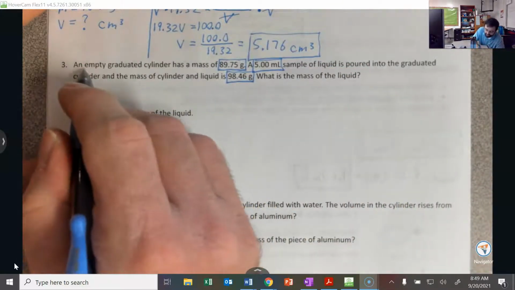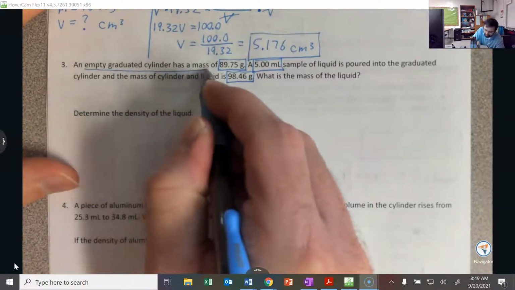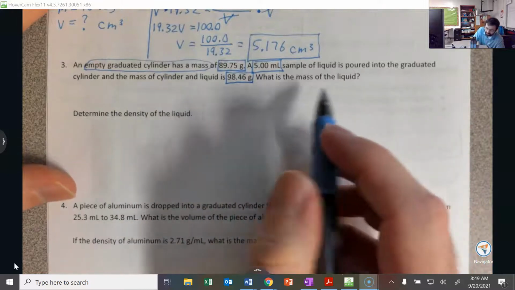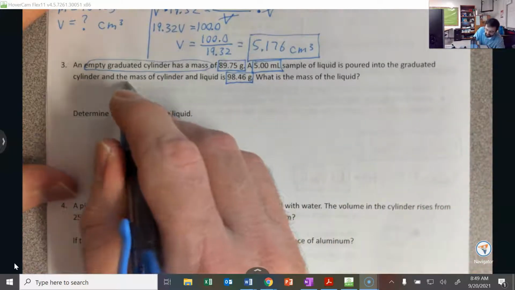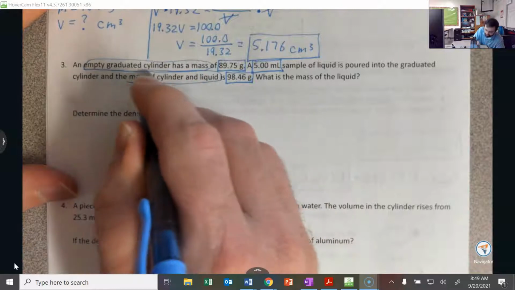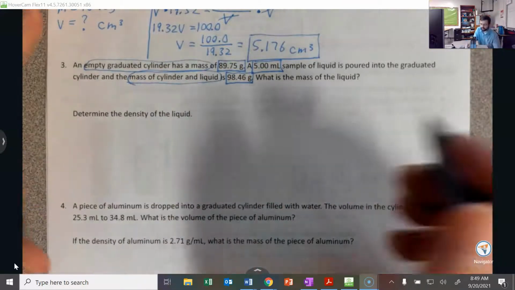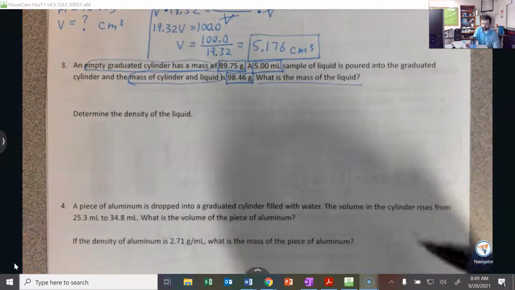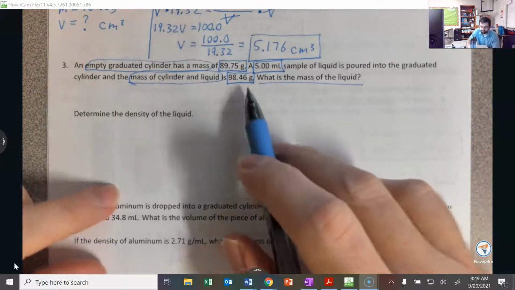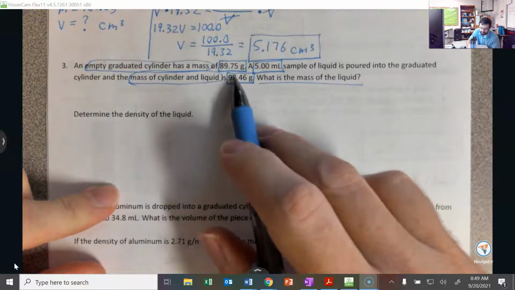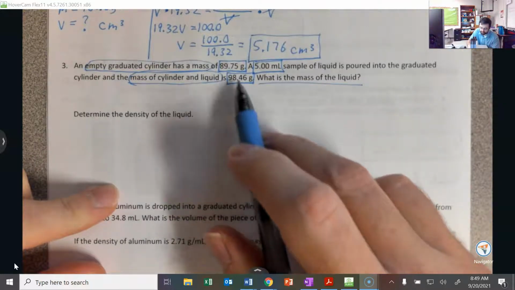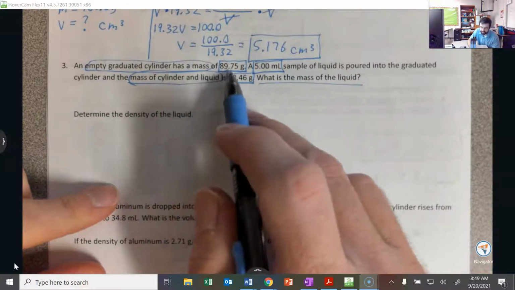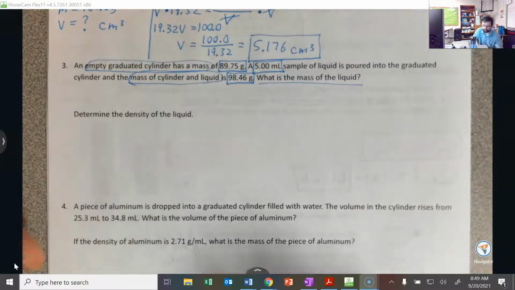Well, the first mass is an empty graduated cylinder mass. The second mass is the mass of the cylinder and the liquid together. Then it says, what is the mass of the liquid? Okay, to start with, the liquid has a mass of the difference between those two. This is the mass of the cylinder and the liquid. This is the mass of just the empty cylinder.